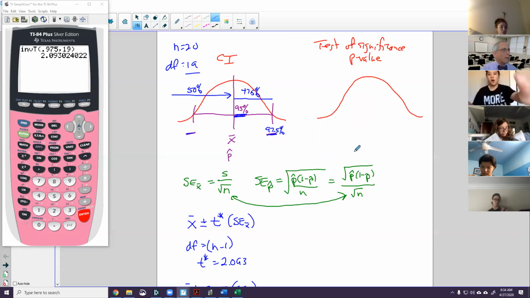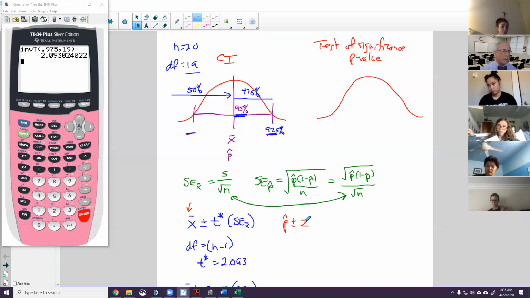Yes, okay. If I was doing a confidence interval for a categorical variable, the difference is that it's going to be p hat, which is my center, just like x bar was my center here, plus or minus z asterisk times the standard error of a proportion.